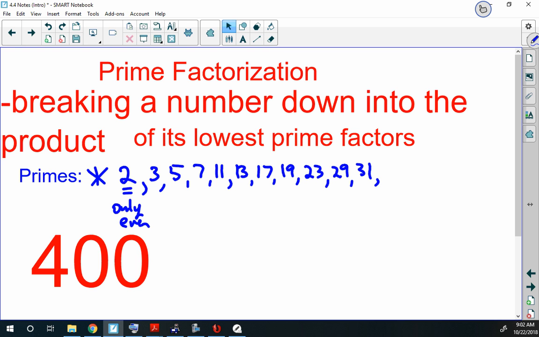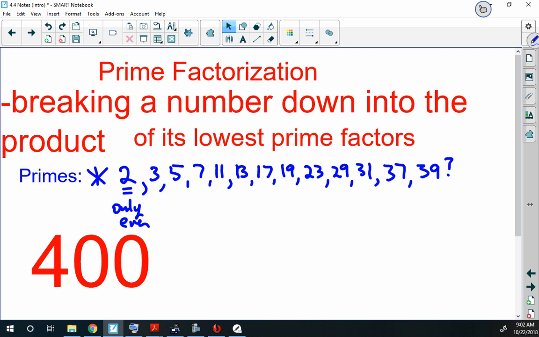What about 33? No. What about 35? No. What about 37? I think that works. What about 39? I'm going to put a question mark by 39 and stop there. We don't know about 39.